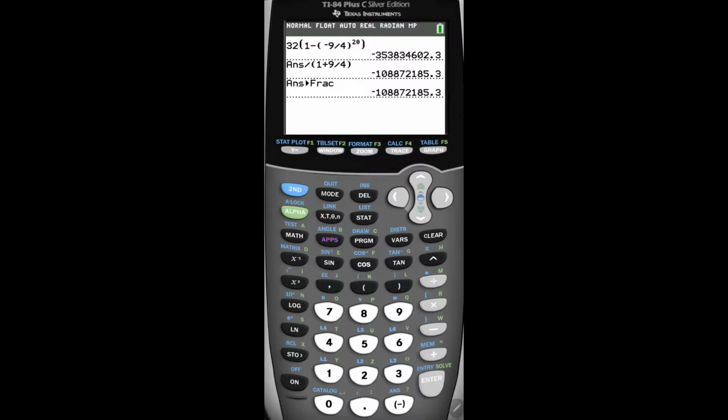It does not. So, ladies and gentlemen, the sum of your first 20 terms, I know it does not look like that, but it's this.